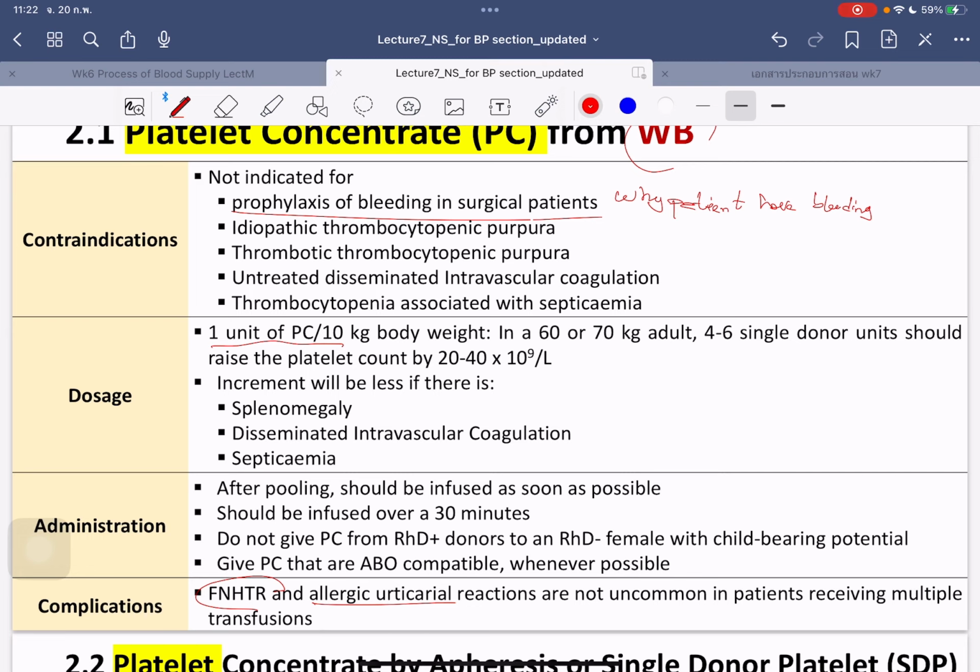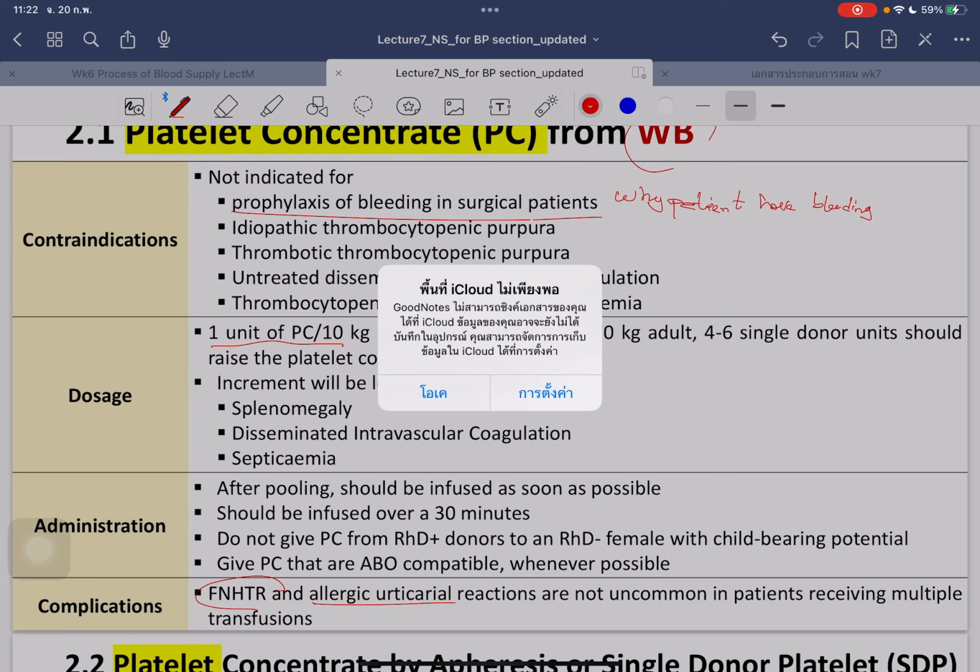The important thing you should know is that when you give platelets to the patient, the platelet count is going to increase by 20 to 40, which is 1,000 million cells per liter. Right?